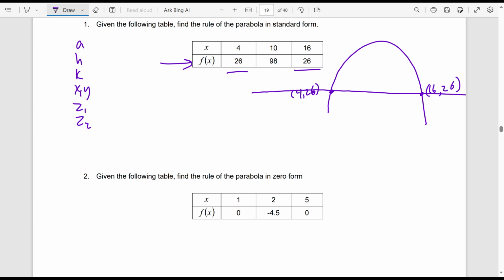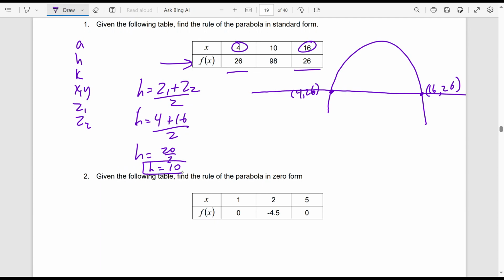So I could, if I wanted to, use this formula. H is equal to Z1 plus Z2 divided by 2. That's not a 0 and that's not a 0, but it can act like one, and it can help me find my axis of symmetry. So if I did 4 plus 16 divided by 2, I get 20 divided by 2, which is 10.